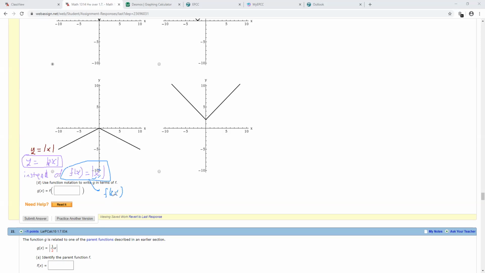So sorry, they multiplied the x by a 2, and now that's the reason this equation is no longer absolute value of x, but absolute value of 2x.